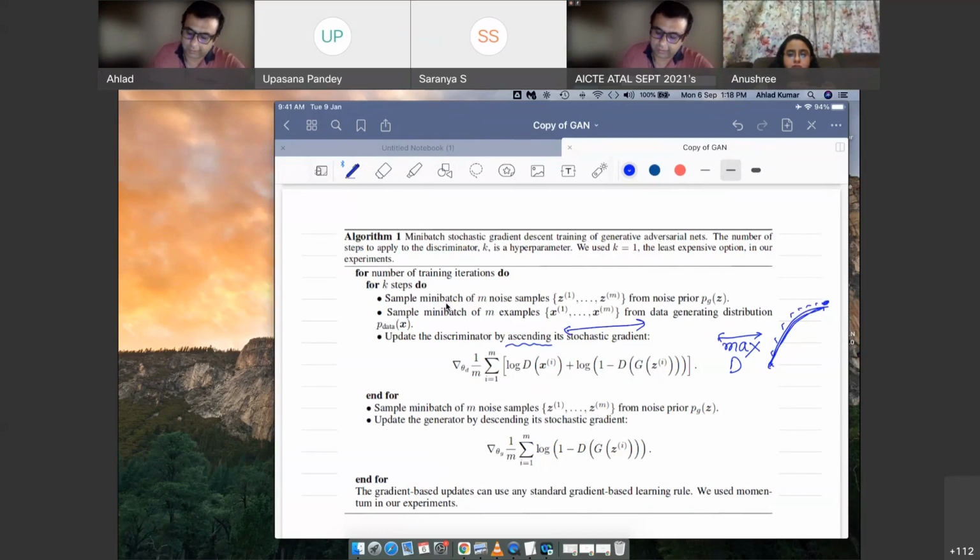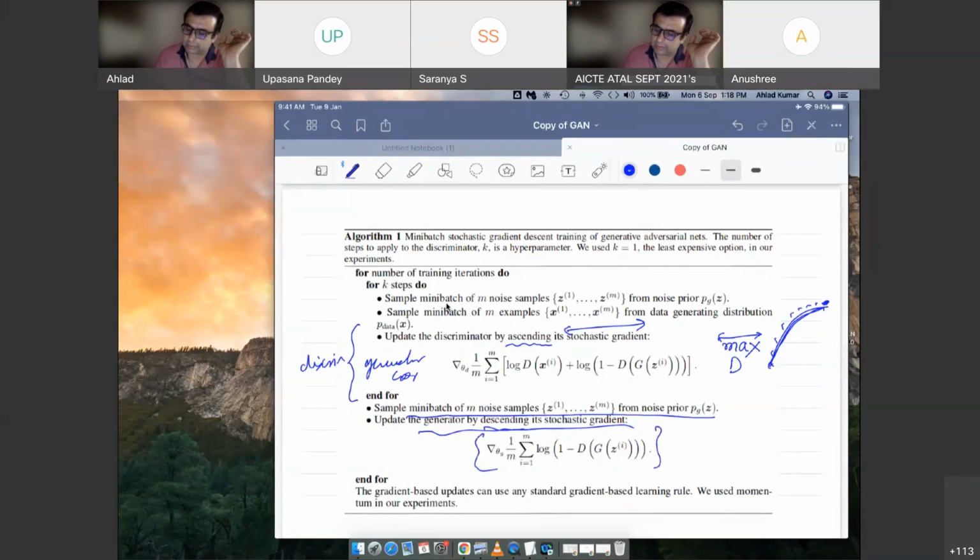And once we train the discriminator, please note that in this particular situation our generator is constant, we are not training the generator. Now once that is done, we again sample M noise samples from the random prior PG of Z, and then we train the generator by descending the stochastic gradient using this.